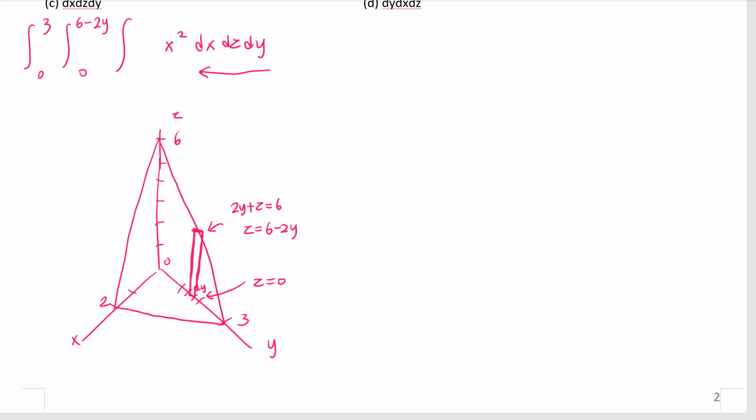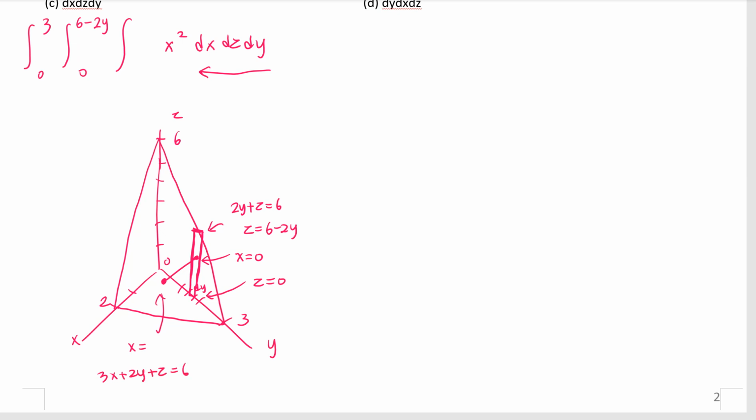Then last step, pick a point. Okay, pick a point on the rectangle, and then now we'll go toward the x direction. So it's from here to here, somewhere on the plane, right? So this guy corresponds to x is 0, and this guy is on the plane, but you want to solve for x in terms of y and z. What is the plane again? The plane is 3x plus 2y plus z equals 6.